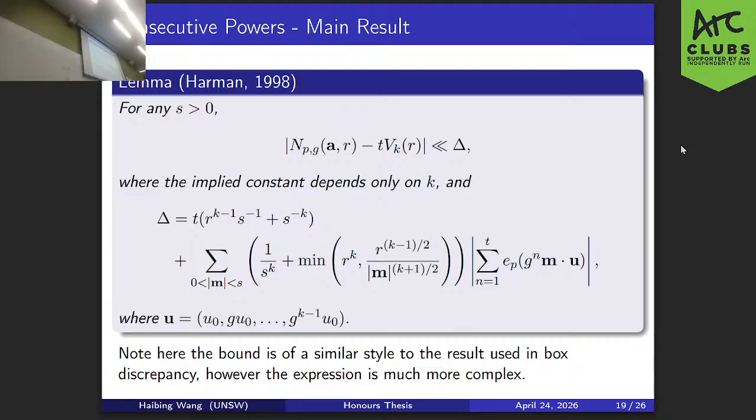The problem happens when a is 0, or when something dots to 0 here, in this case m.u. So if m.u is 0, then when you're summing over this, you get a massive thing, you get t. The sum becomes t, because all the terms are 1. And that's bad because t is big. So the idea for having stuff in terms of this w is that as long as we restrict s within this w, then we're only picking vectors inside here, and we're never going to have a zero. And that's important to control the size of the exponential sum.